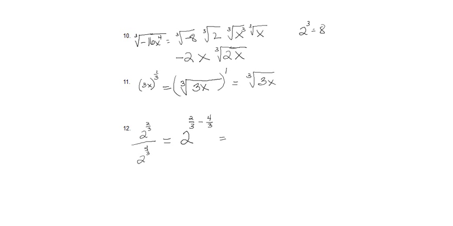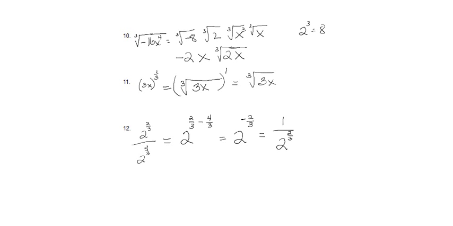We do have the same denominator, so we can subtract the top. 2 minus 4 is negative 2/3. As we learned in previous sections, anytime you have a negative exponent, you make it a fraction over 1 and make the new exponent positive. So we're left with 1 over 2 to the 2/3 power.